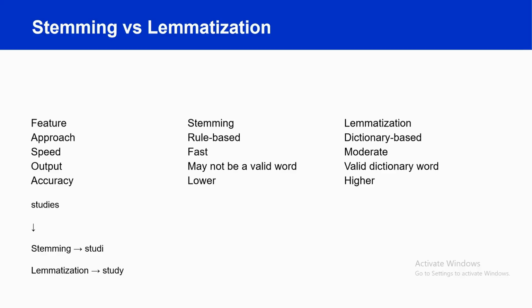The third difference is the output. Stemming may produce words that are not valid words, but lemmatization converts to the proper value, which is a valid dictionary word. So stemming is always faster than lemmatization. In modern applications, lemmatization is generally preferred because it produces more meaningful results.